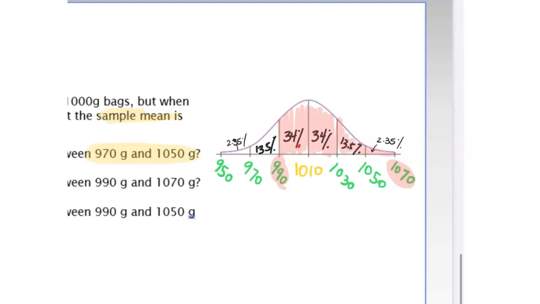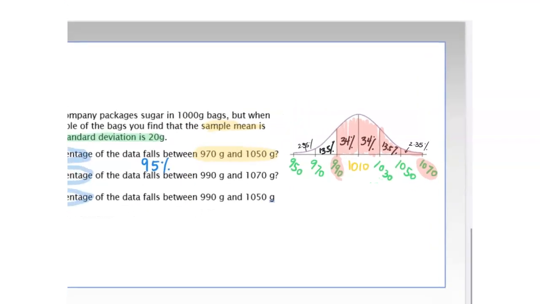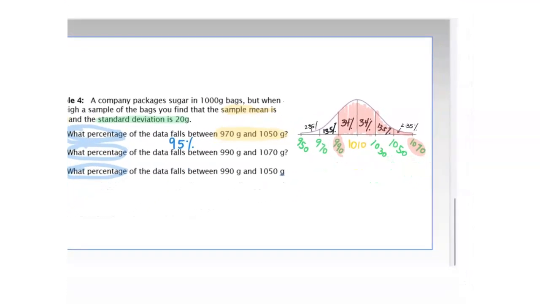We have to add the numbers between these 4 intervals. So 34 plus 34 plus 13.5 plus 2.35. And it's equal to 83.85%. And that's our answer.